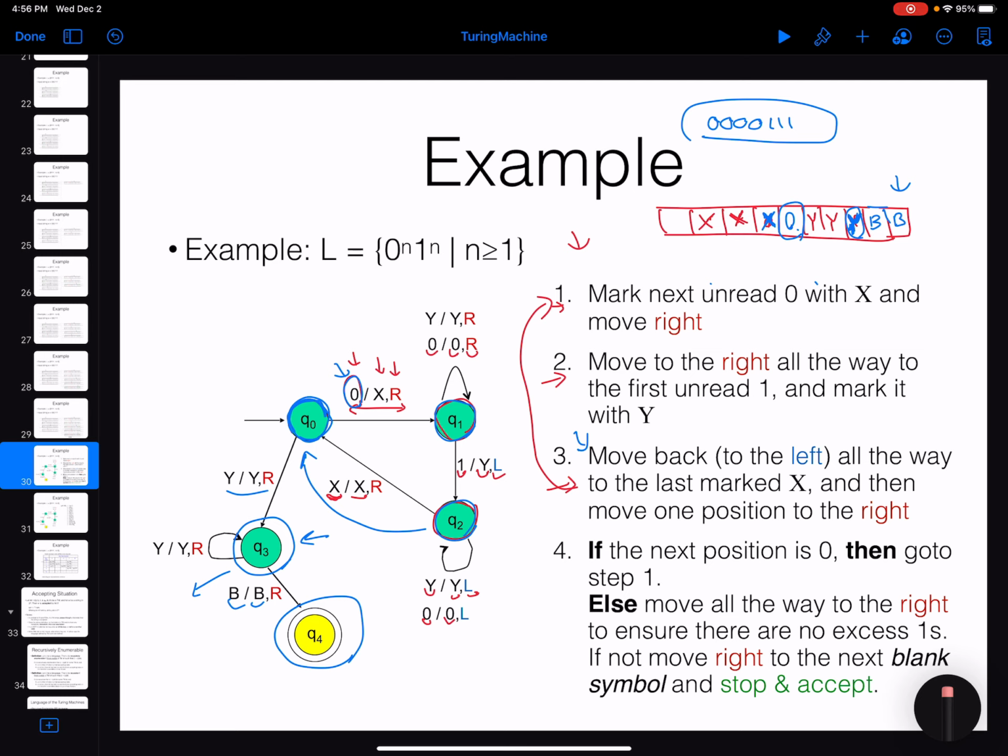Here in Q0, after you replace this 0 with an X, you go to Q1. In Q1, you can only move to the right if you keep seeing either zeros or Y. So in that case, what would happen?